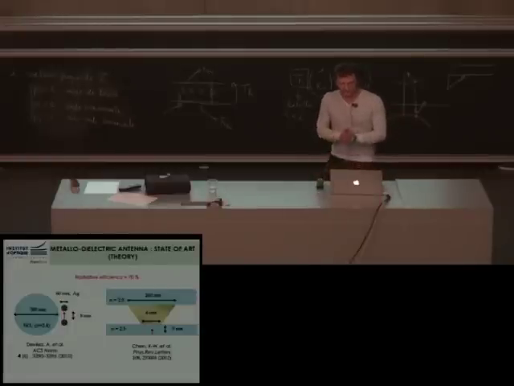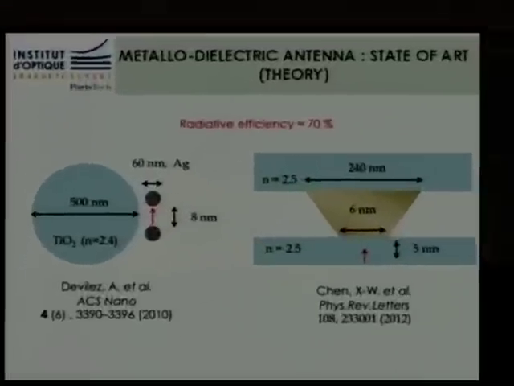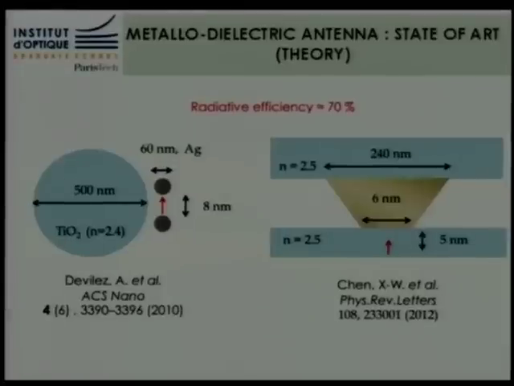There are several groups using a different strategy, using a hybridization with dielectric antennas. First, in the group of Nicolas Bonod, they used a metallic dimer and a high refractive index dielectric sphere.